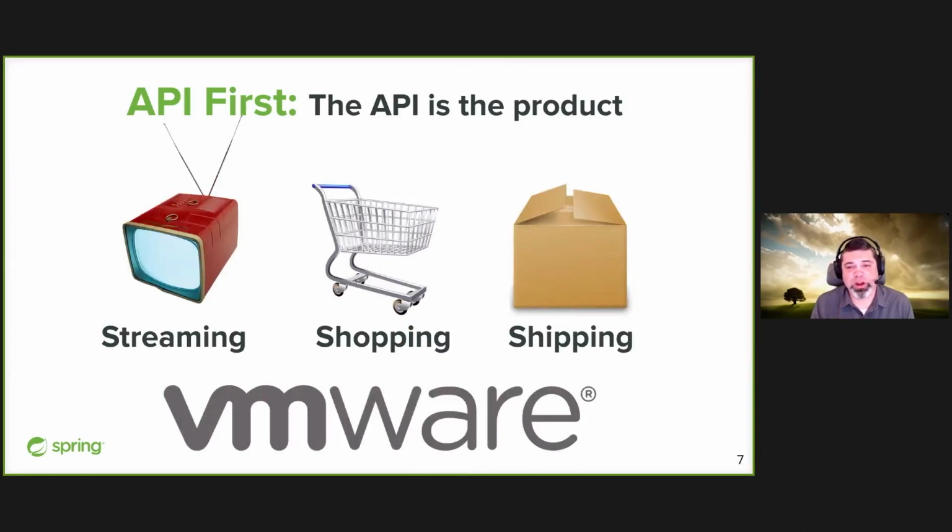Even products without public APIs have private or internal ones. You might or might not interact with a public API from a streaming service or from some big box retailer or from a shipping company or even our company, VMware, but rest assured, they and we are all thinking and writing APIs first.